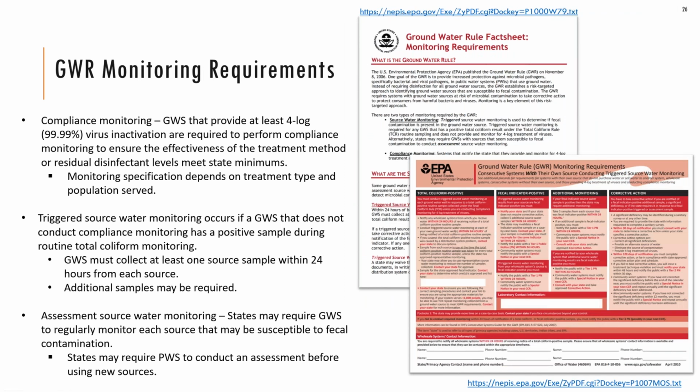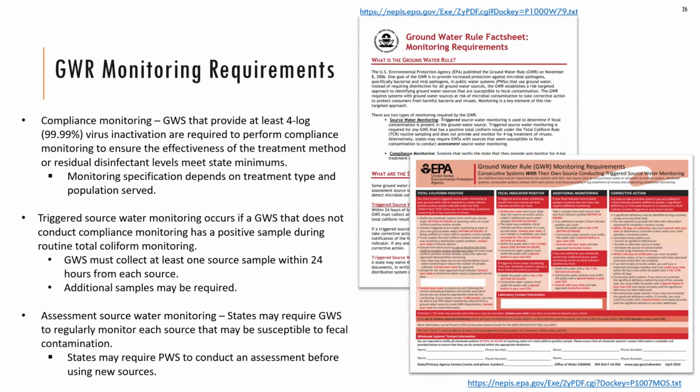There are two types of monitoring which are required under the groundwater rule: compliance monitoring and source water monitoring. Compliance monitoring is required by systems that provide at least 4 log treatment of viruses, so 99.99% removal.